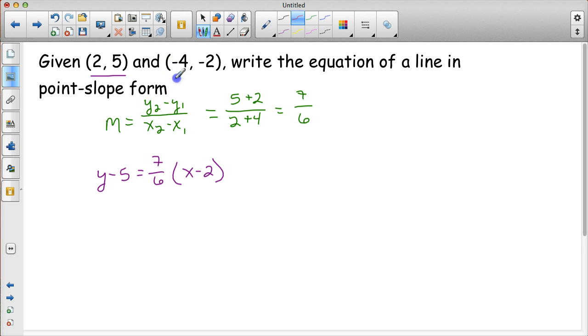Another equation using -2, -4 would be y plus 2, because y minus -2 is y plus 2, and it equals my slope, 7/6, times x minus -4, which is x plus 4. So those are the 2 equations of the line that goes through these 2 given points. If you're unsure of what we did, please take advantage of the pause button and the replay button and watch this portion of the video again.